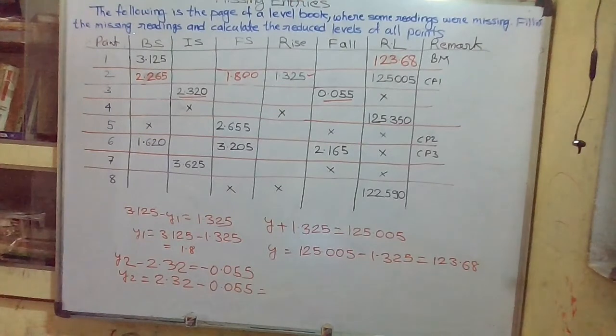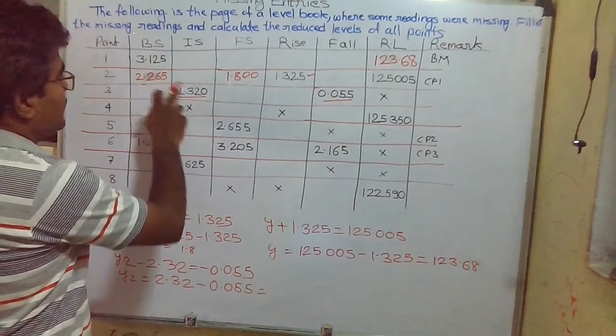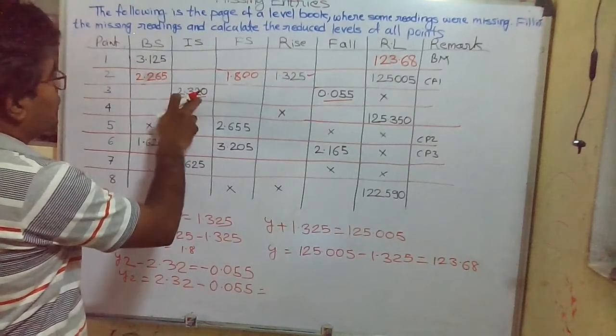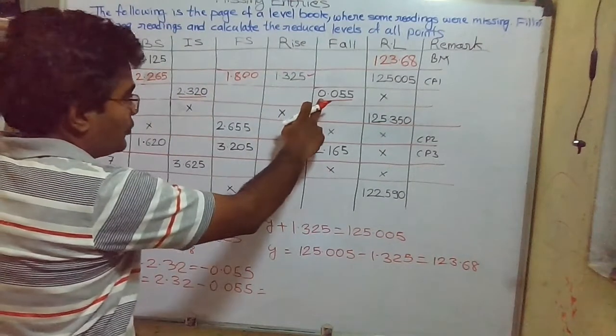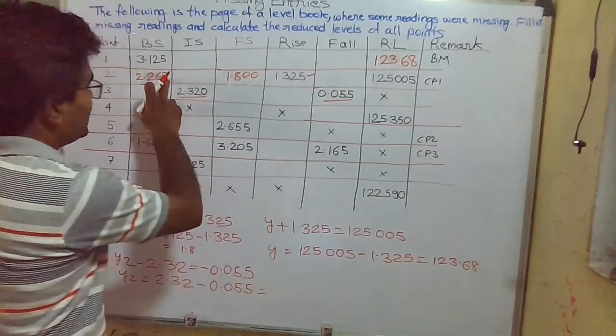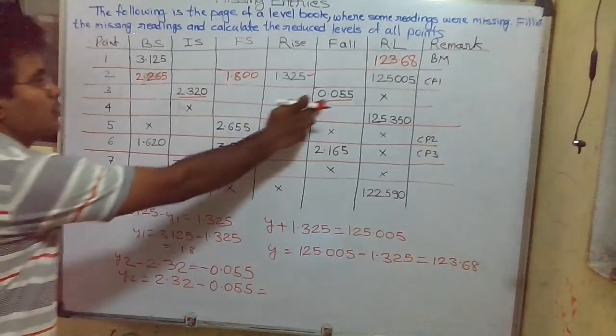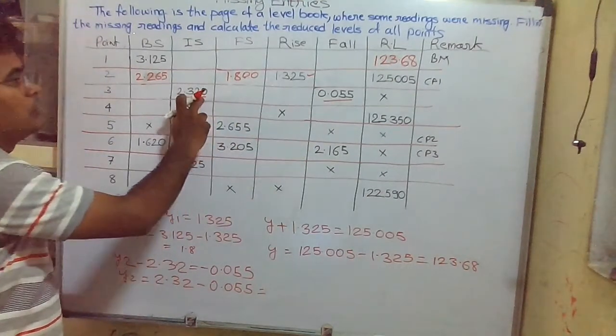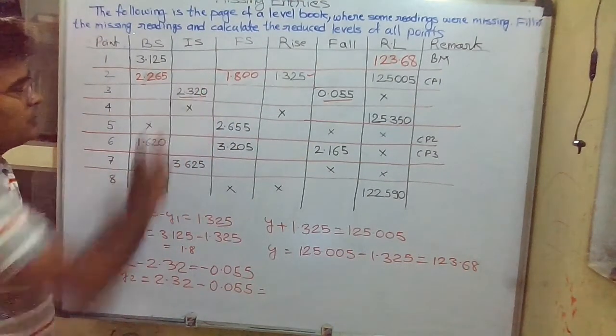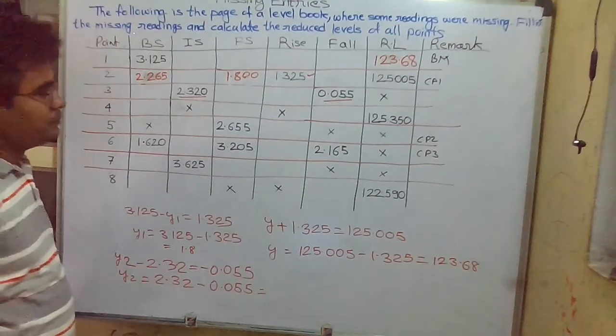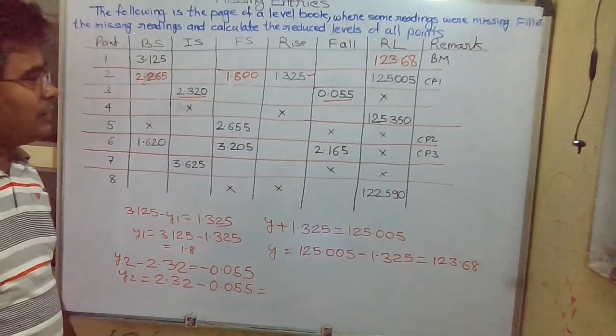Or in the other way, to get this value we have to subtract 0.055 from 2.32. By practice, you can do that easily.